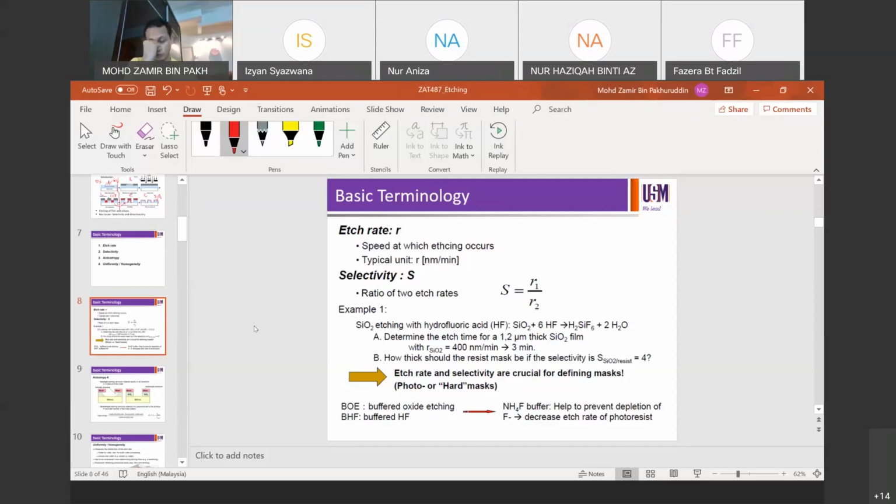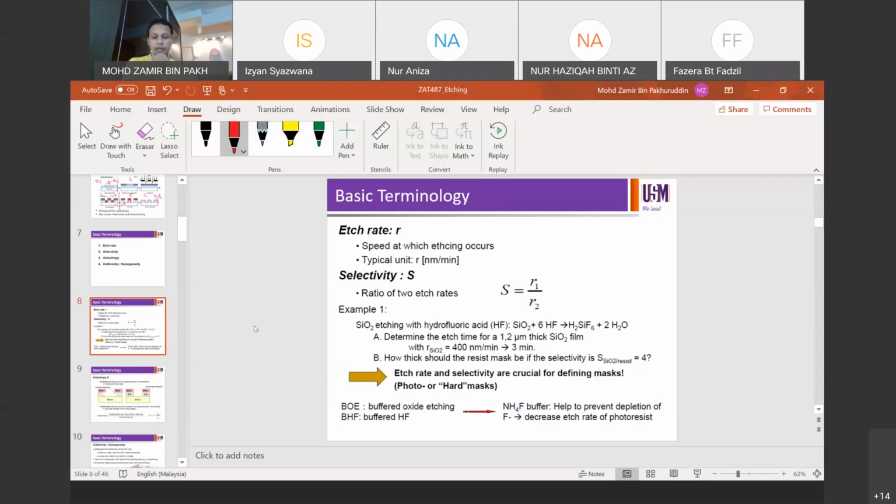If the SiO2 is on the silicon, the etchant has to selectively etch the material that is supposed to be etched and not etch the material that is not supposed to be etched, right? To determine the etch time for a 1-2 micron thick SiO2 film, the typical rate is somewhere around 400 nanometer per minute, right?